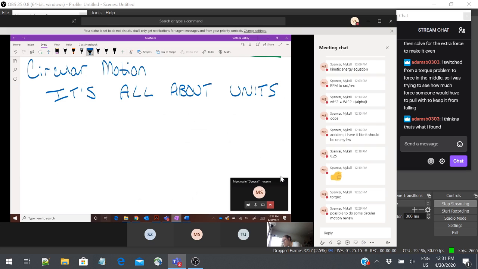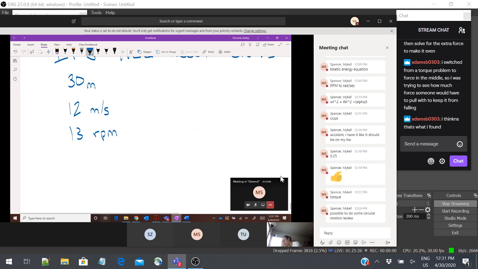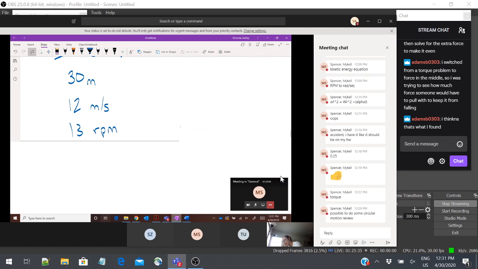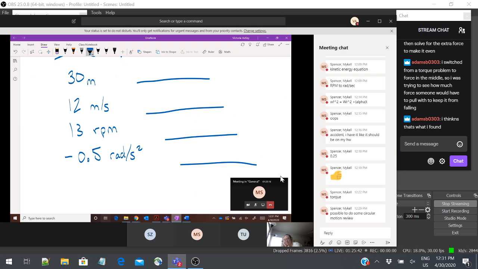So we have some problem and you pick out the following numbers. Tell me what variable, like name and symbol, goes with each of these. 30 meters is a little hard.